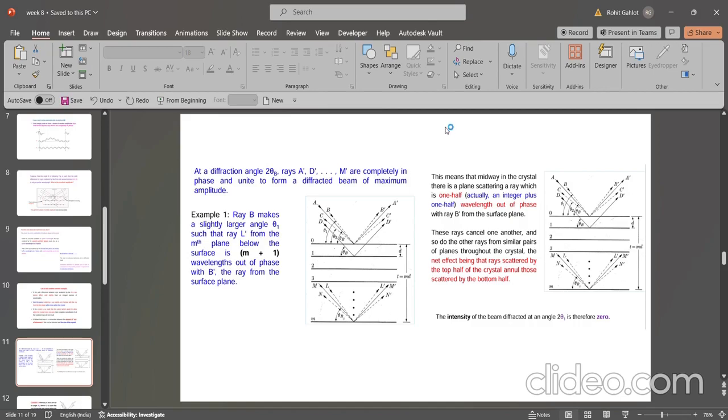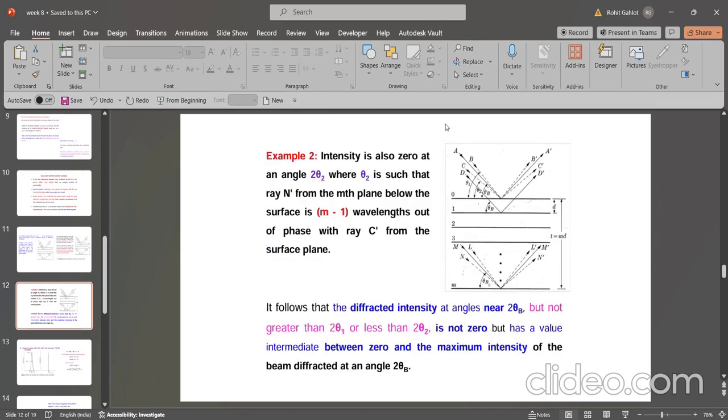So these rays cancel one another, and so do the other rays from similar pairs of planes throughout the crystal. The net effect is that the rays scattered by the top half of the crystal annul those scattered by the bottom half. So the intensity of the beam diffracted at angle 2 theta 1 is therefore 0.